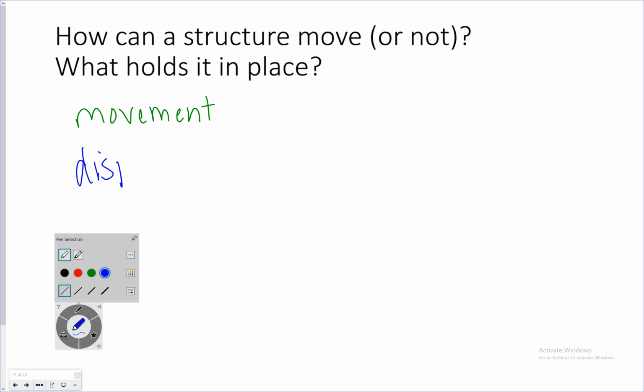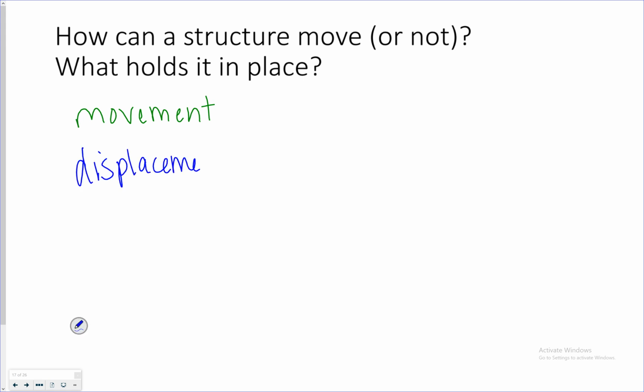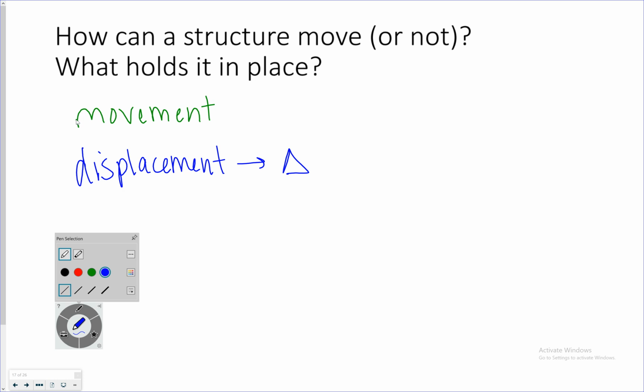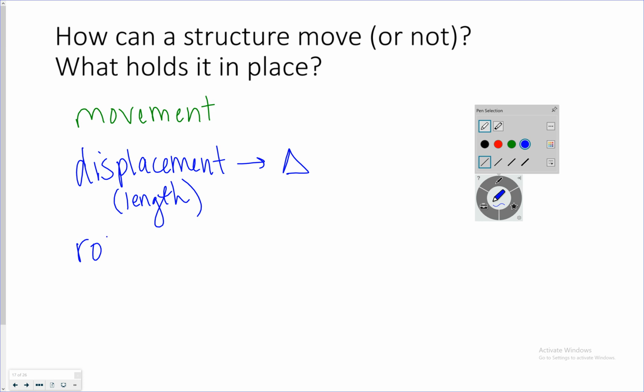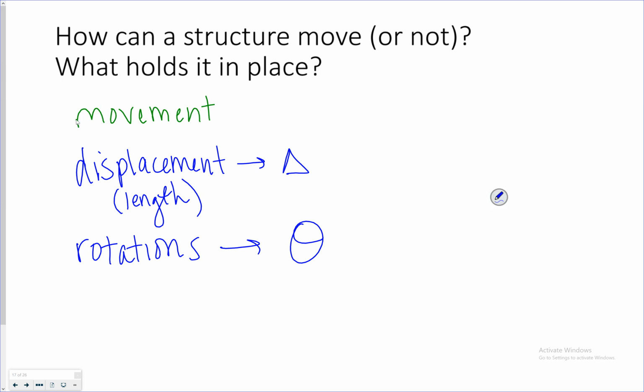Displacement, denoted by a delta, is measured in inches, a length measurement. And we also measure rotations at a specific joint, which is denoted by a theta. So that's an angle.